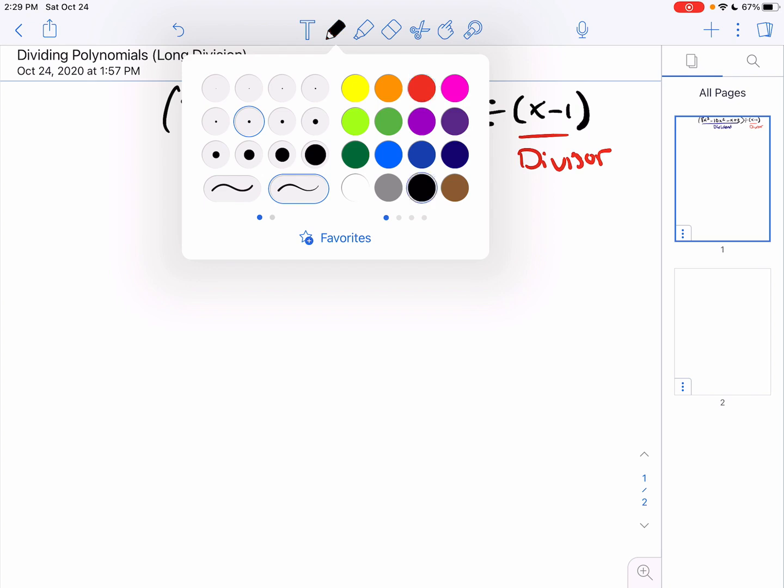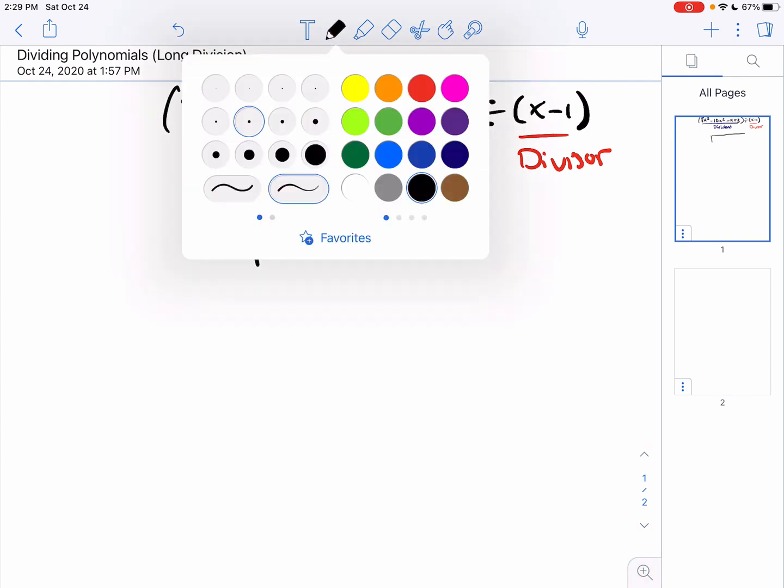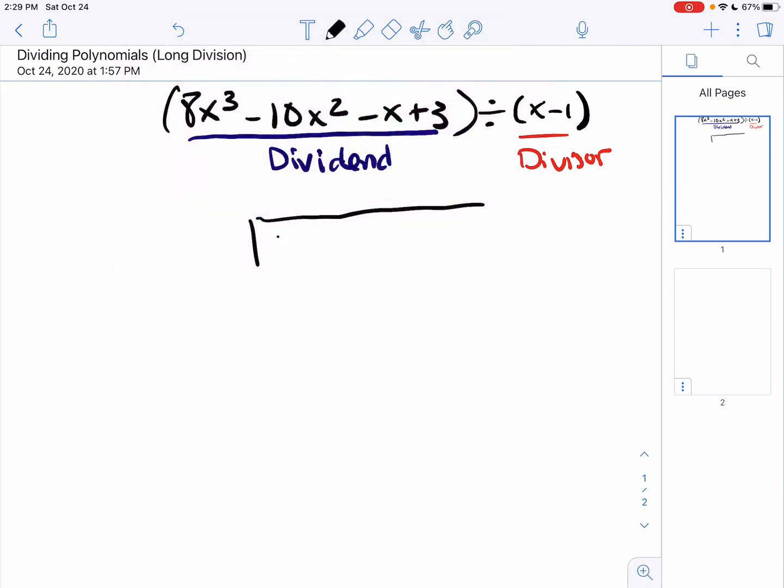The way we set it up, we have our long division bar, and our dividend will go inside the bar, and our divisor will go outside.